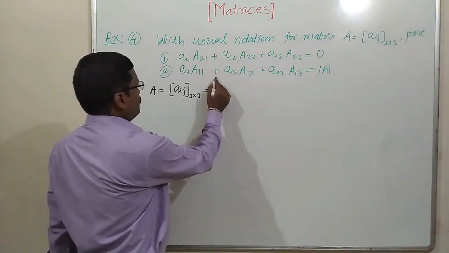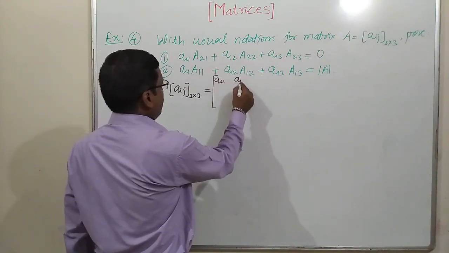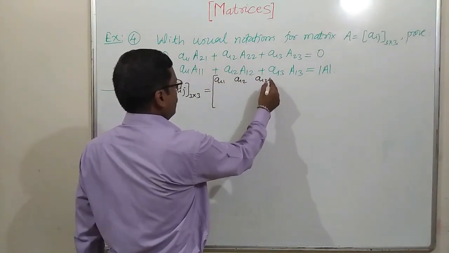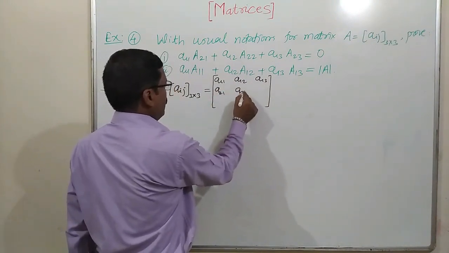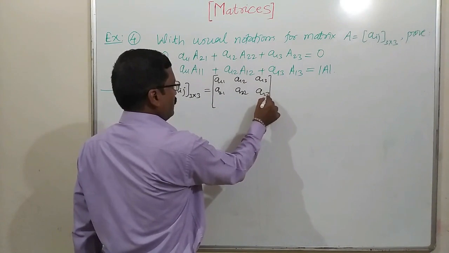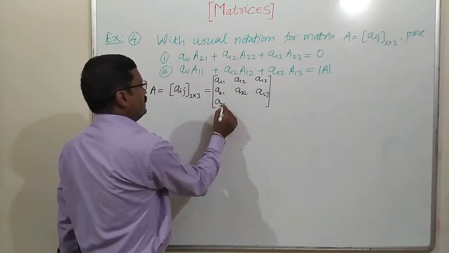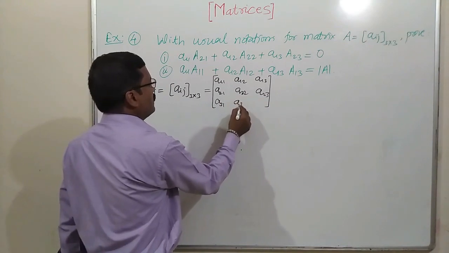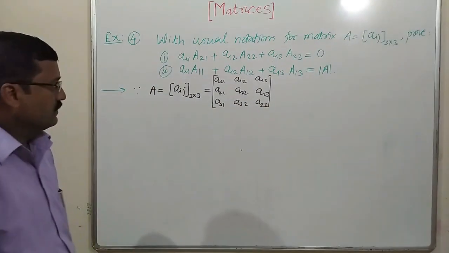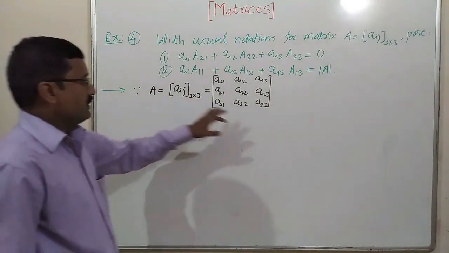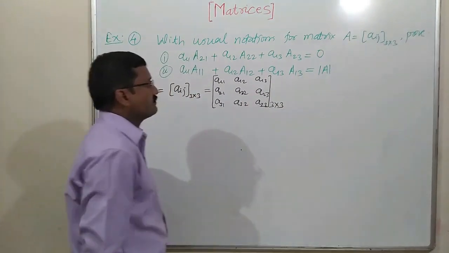So this matrix A will be a11, a12, a13, a21, a22, a23, sorry, small a31, a32 and a33. This is matrix A of order 3 by 3.